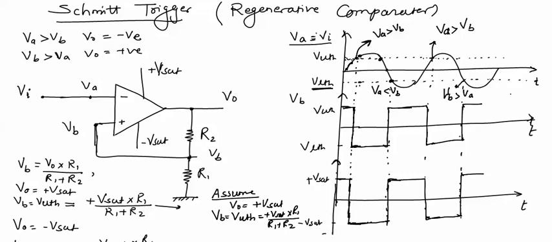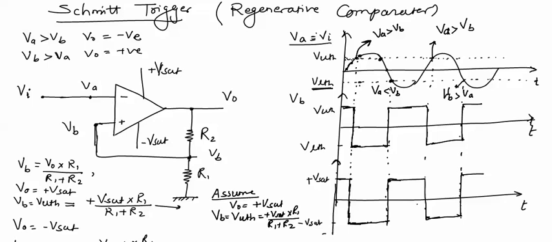In this way we get a square wave at the output. In this Schmitt trigger circuit, we have applied a sinusoidal input, and at the output we have got a square wave. So a Schmitt trigger is basically a square wave converter which converts an input periodic waveform to a square wave.